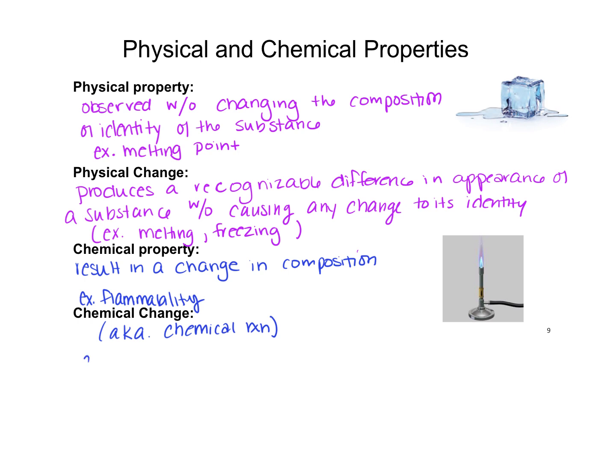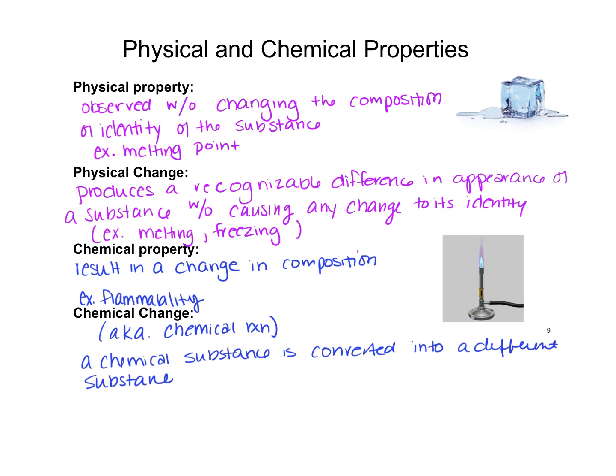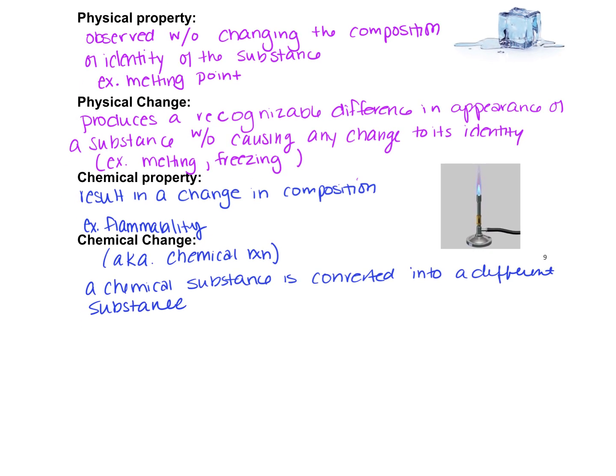And this is just when a chemical substance is converted into a different substance. We use a chemical equation to convey this. So for example, we see this flammability here.